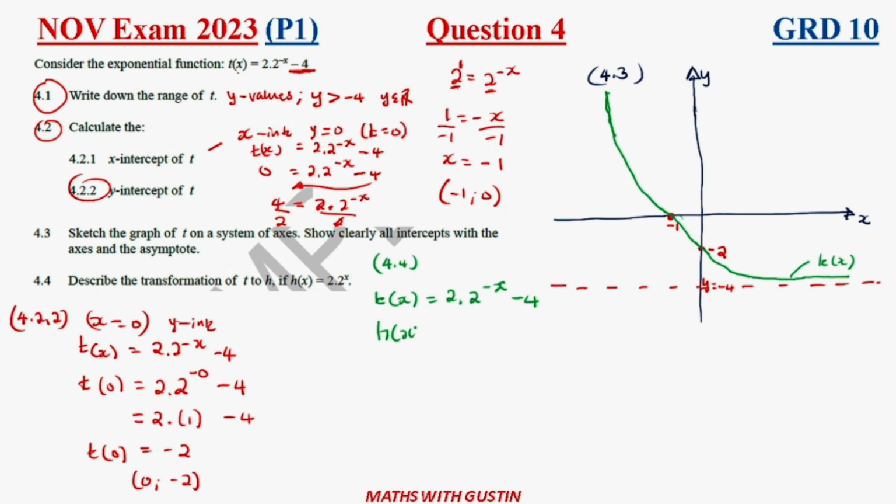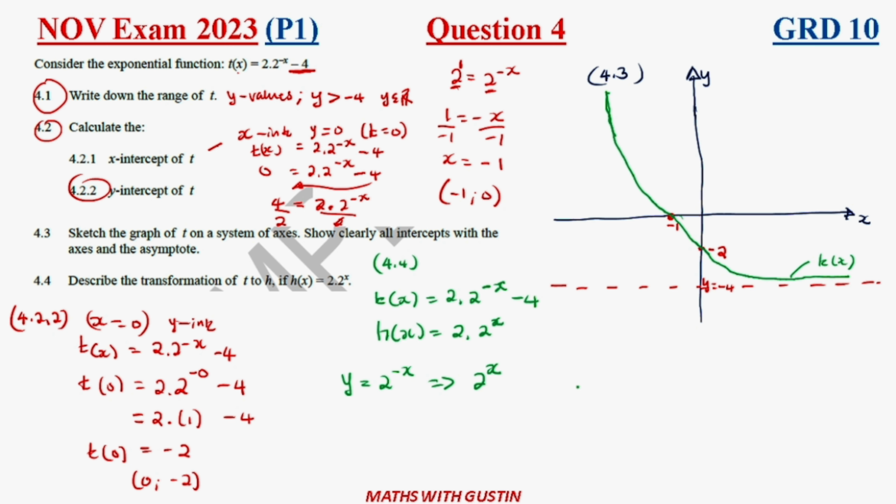So guys, what you need to do here is describe it. If initially our graph was like this, then all of a sudden it became like that, what happened?